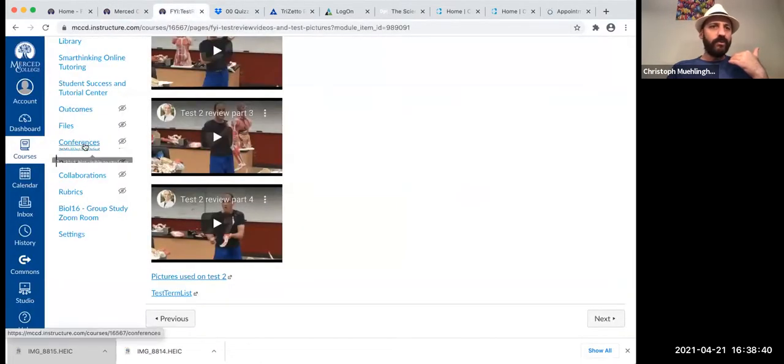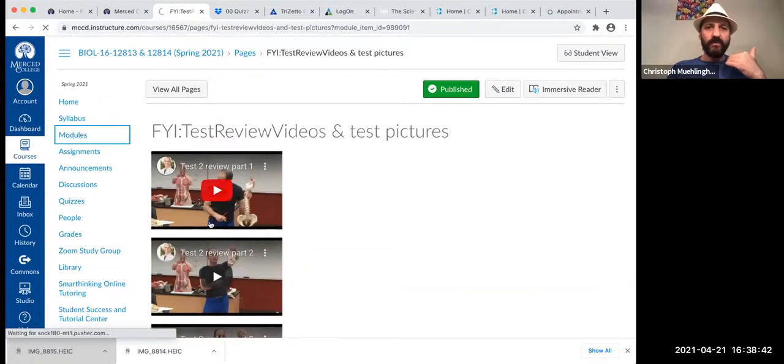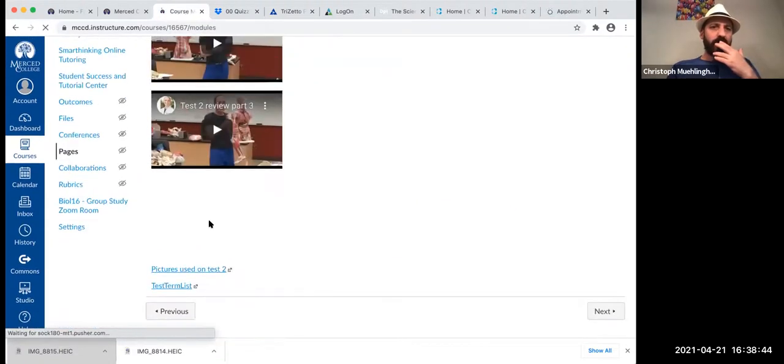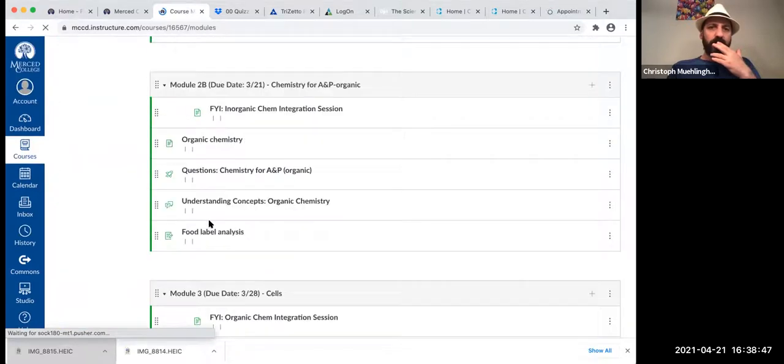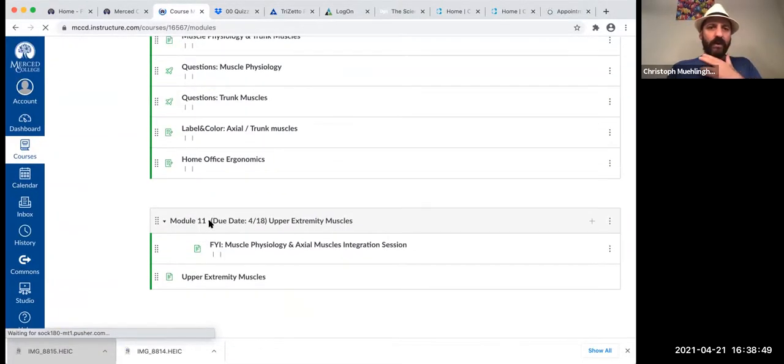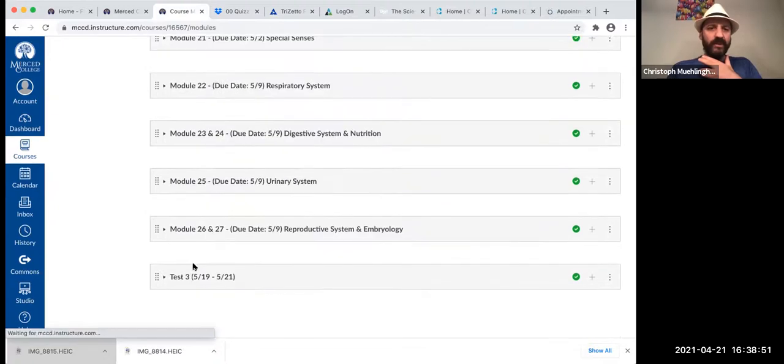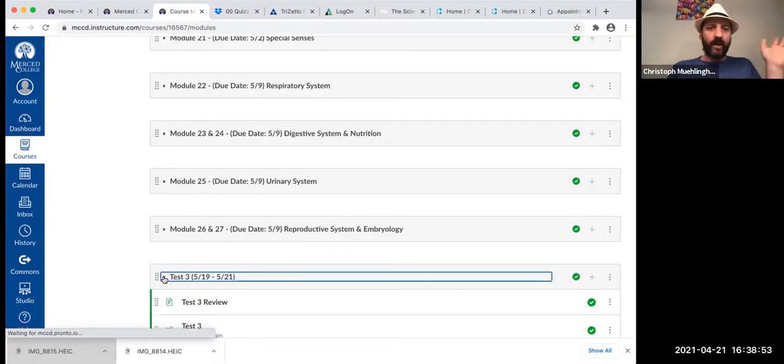If you go to modules, you see my Zoom, the last one, there it is. The last one is the test 3. So that's all the way in another while.